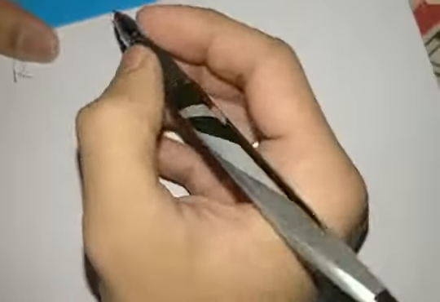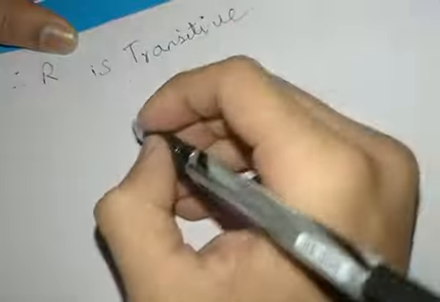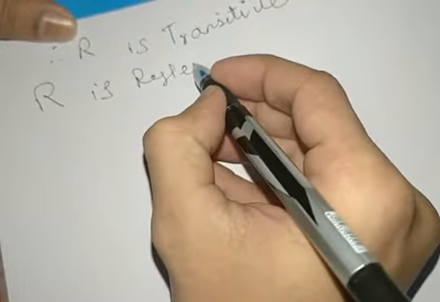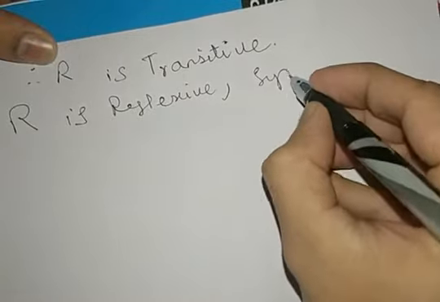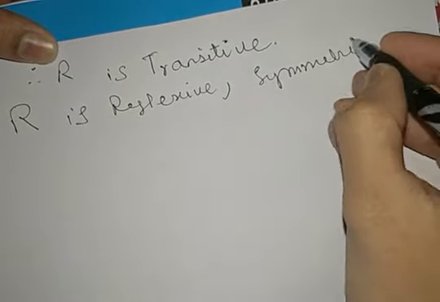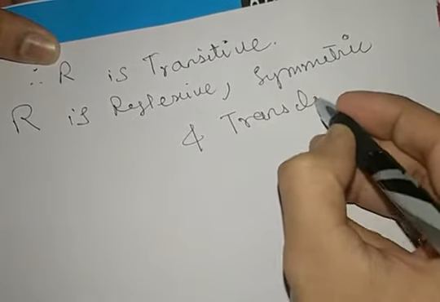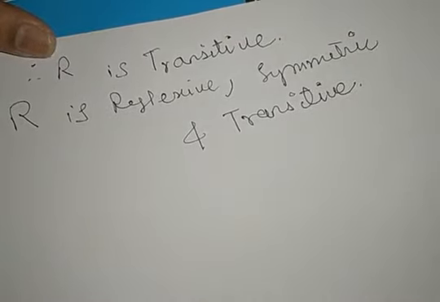So what you find is R is reflexive, then symmetric and transitive. R is reflexive, symmetric and transitive.